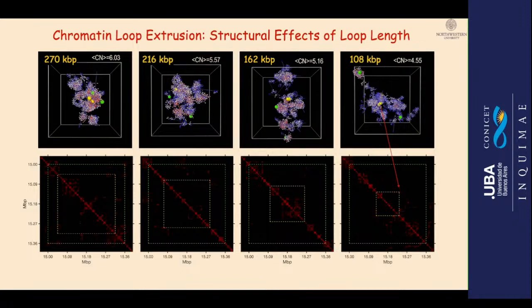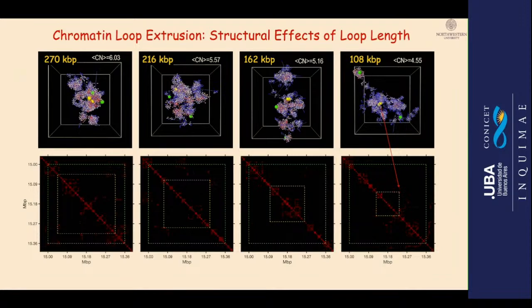These examples illustrate that loop anchoring does not guarantee consistent spatial folding. Instead, there is substantial cell-to-cell variability, both in 3D configuration and in the 2D measurable contacts.